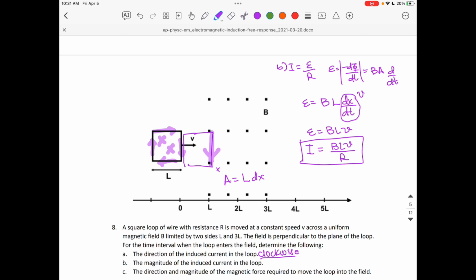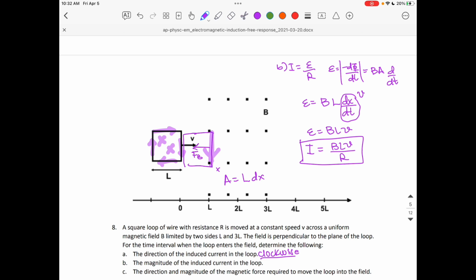We know that the current in that section is going counterclockwise. So in that section, it's going down. And since the current is going down and the magnetic field is coming out of the board, we experience a magnetic force to the left.